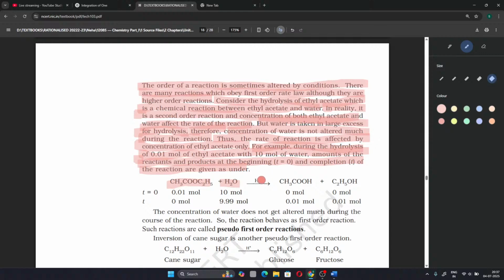When the reaction is completed in the presence of an acidic medium, it gives acetic acid, or ethanoic acid, plus C2H5OH, ethanol, with 0.01 mole and 0.01 mole. When we see the change in concentrations, water is reduced by an extremely minute amount, to 9.99 mole. It is almost the same as before the reaction.